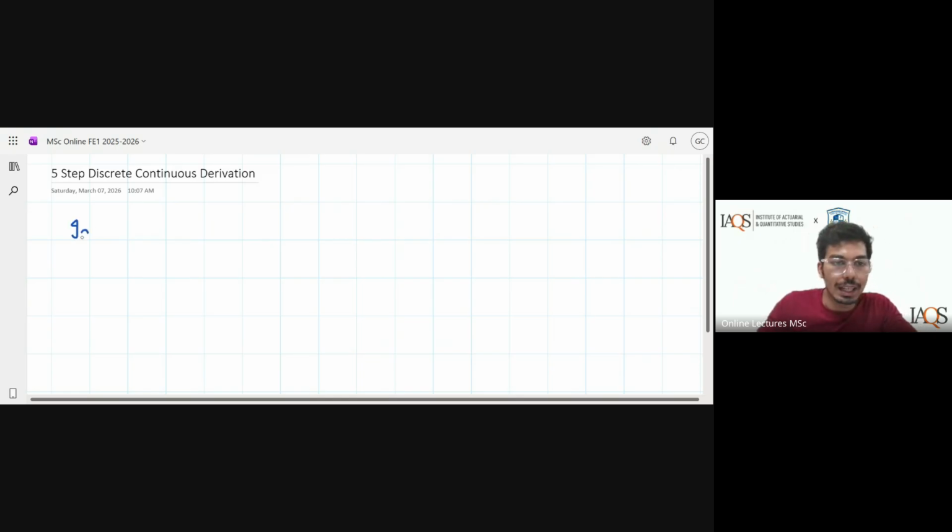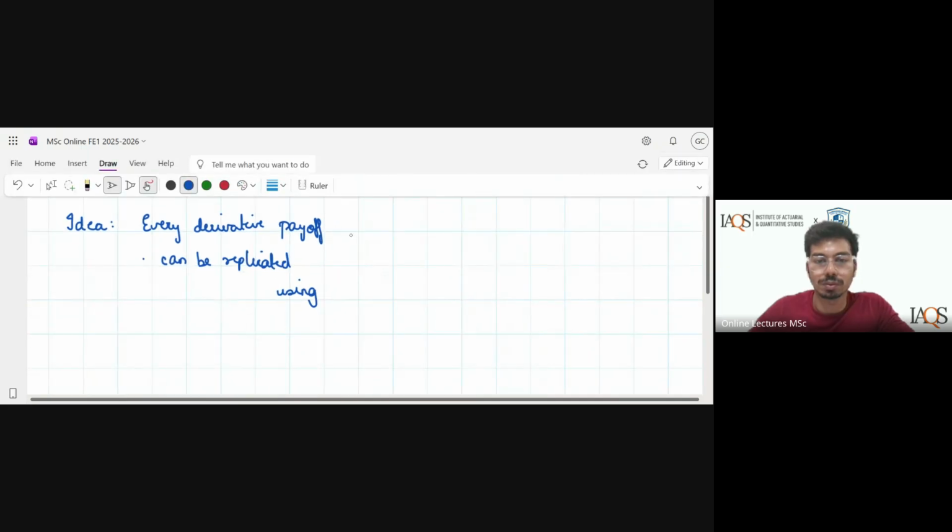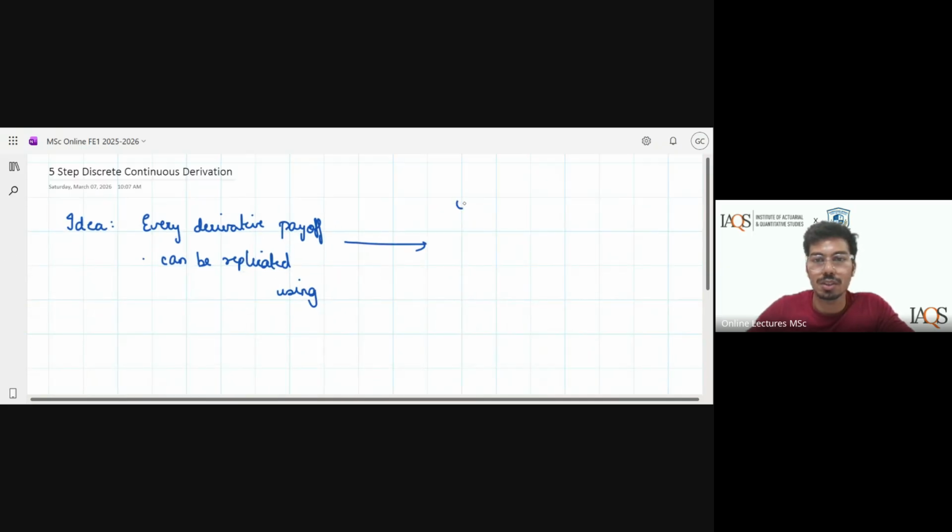As I said, the idea behind the derivation is that every derivative payoff can be replicated using shares and cash. You say shares, you say underlying asset, they mean the same thing.